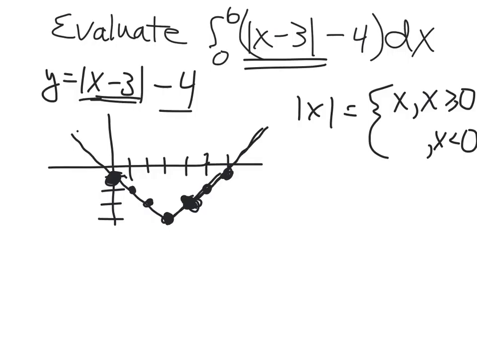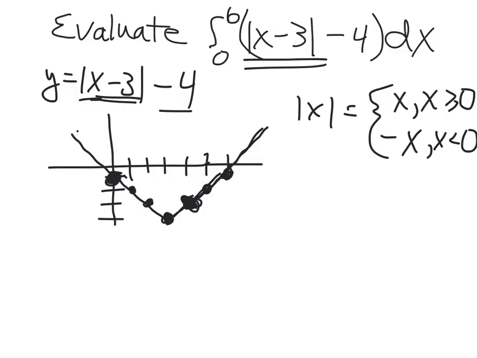So we start with x equal -3, but we end up with +3. +3 is the opposite of -3. +2 is the opposite of -2. So if x is negative, the absolute value of x is the opposite of x.